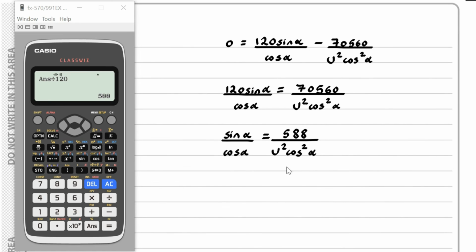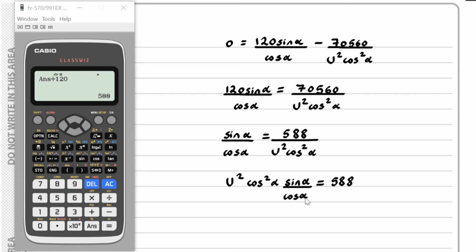And so if we multiply through by u squared cos squared alpha, we have u squared cos squared alpha multiplied by sine alpha over cos alpha. That's equal to 588.